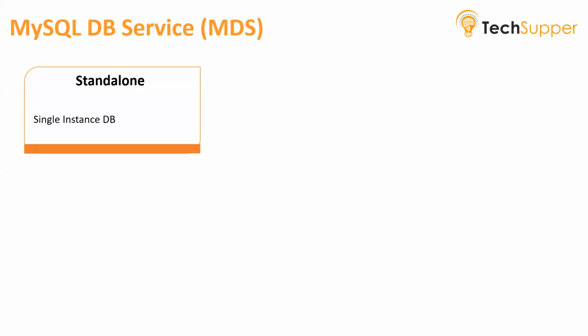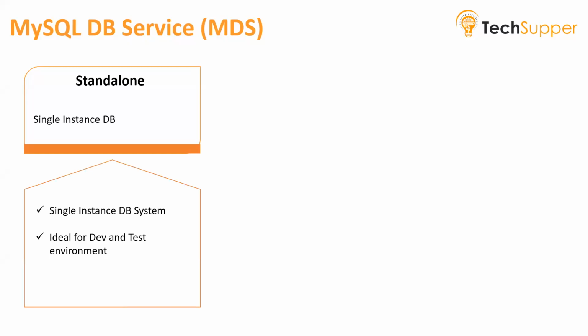The first option is standalone, which is your single instance DB, and basically it is for your dev and test environment. So if you're provisioning a MySQL DB, you can use this feature, and it is a single instance DB, meaning when you choose this option, only a single instance of MySQL will be deployed on the compute.